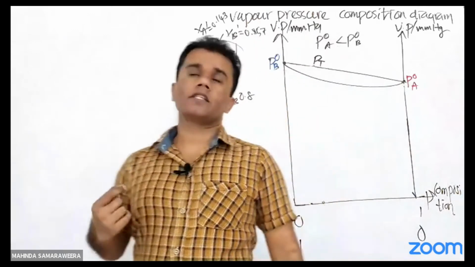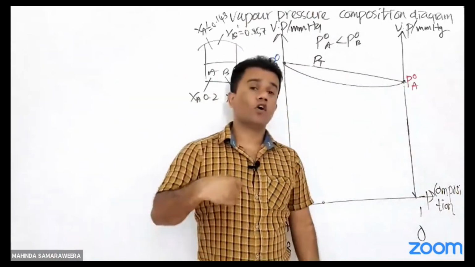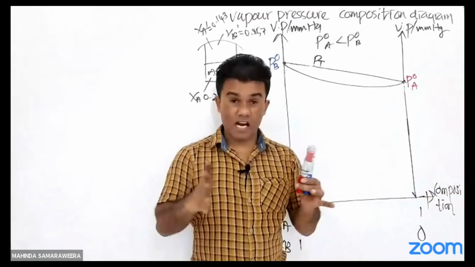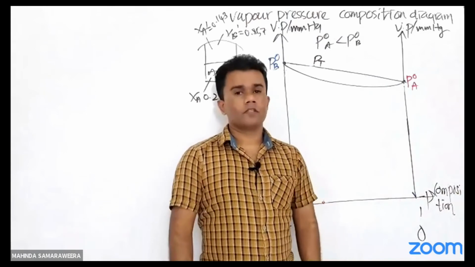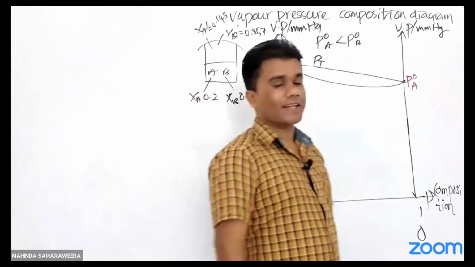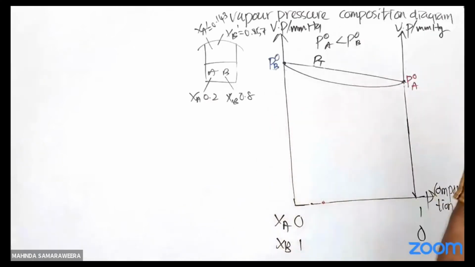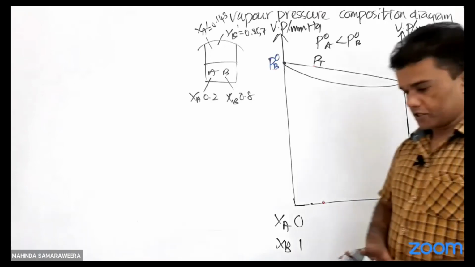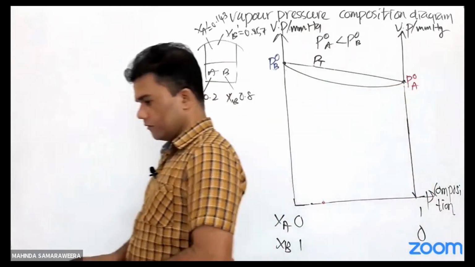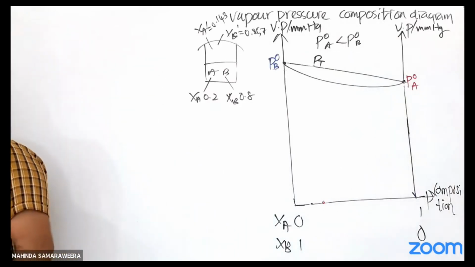Is it found most probably in vapor or liquid? If you maintain high pressure, where do you find that particle?